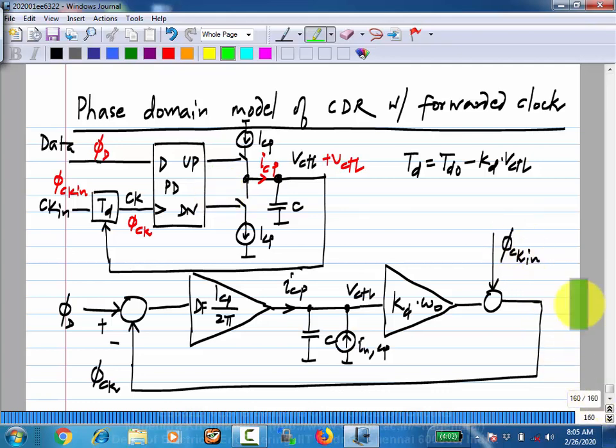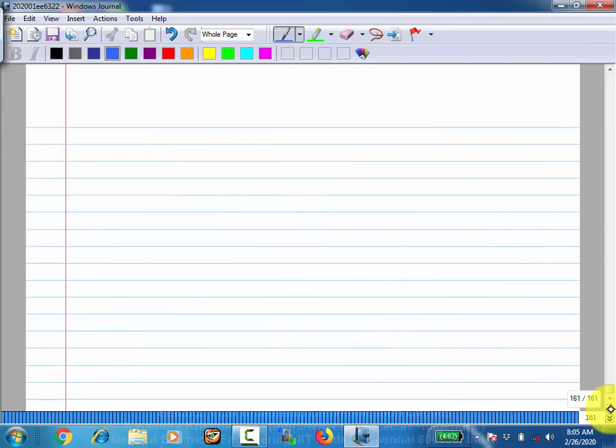Basically, what is the output here? You can consider the phase of the recovered clock, this is the recovered clock, right? Okay, Ck is the recovered clock. So phase of the recovered clock is the output.